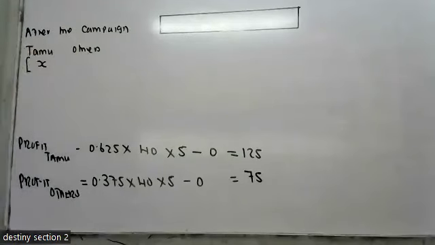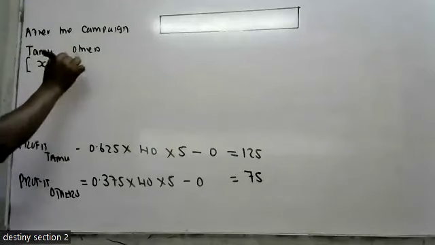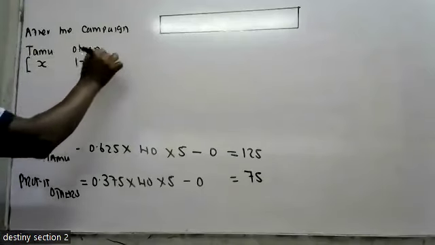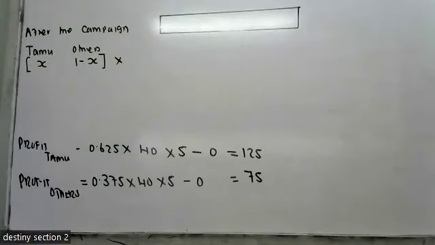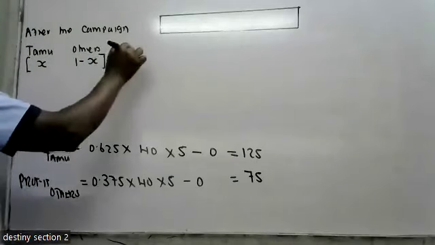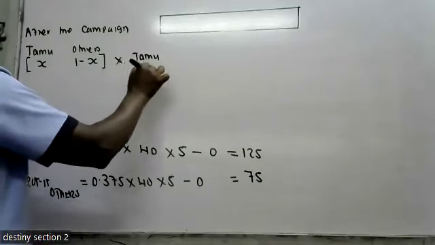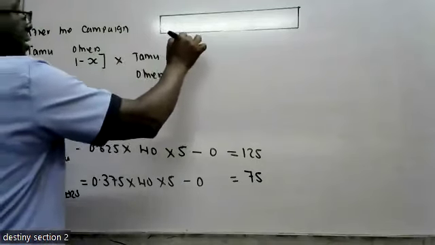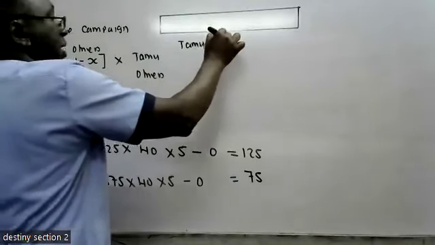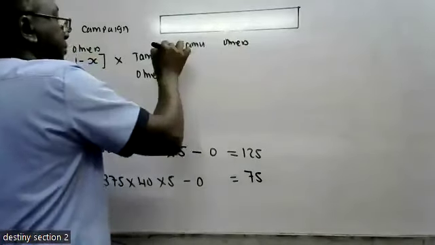This still remains x, and this remains 1 minus x. We multiply by the transition matrix, which we have term here, and we have others. Then we have term and others.